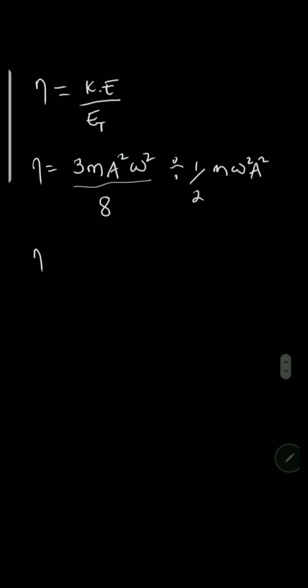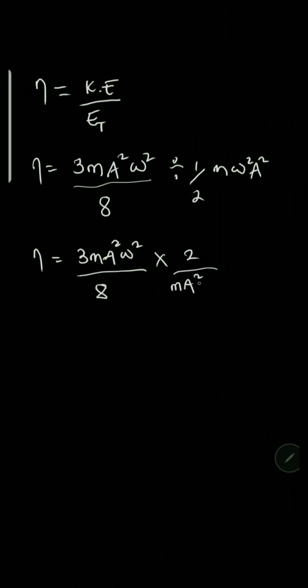Alright, so the fraction comes out to be 3ma squared omega squared divided by 8. Now here we reciprocate when we change this to multiplication, hence 2 goes on top, divided by m amplitude squared angular frequency squared.